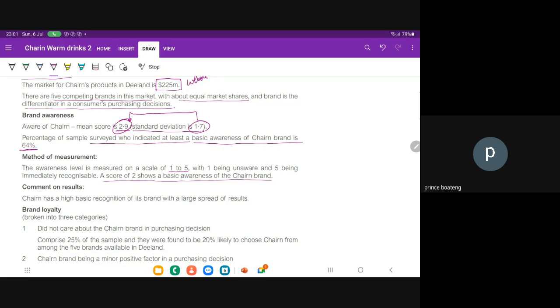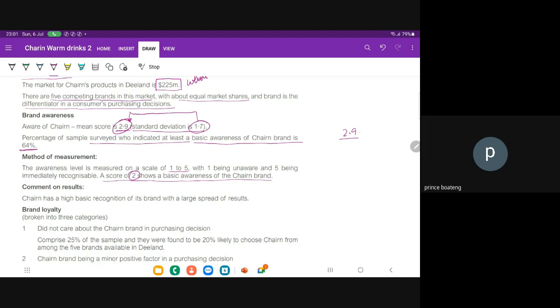Yes, so basically how dispersed they are from the 2.9. So on variation, average awareness is 2.9 out of 5, because they are saying that 2 shows a basic awareness. So we can be reasonably sure that on average people know this product.